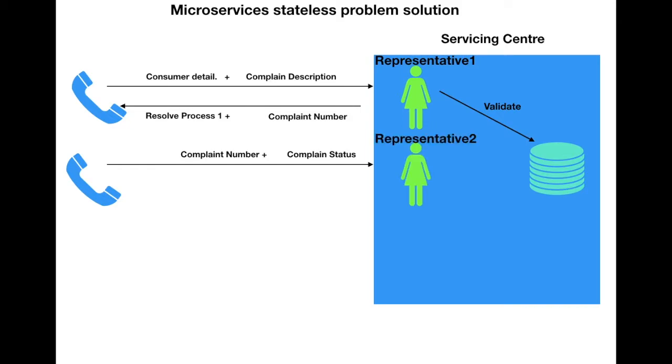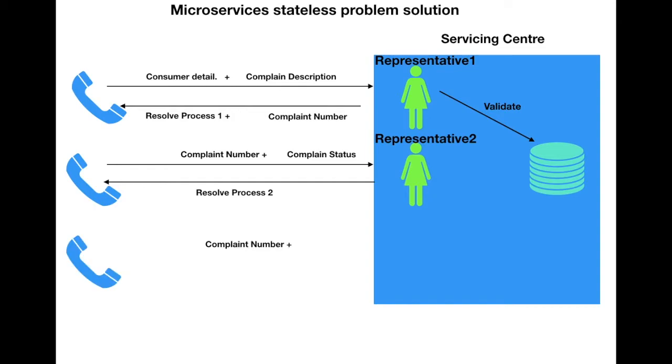Now the representative doesn't need to validate the consumer, because the complaint number is there, that's why he is a genuine consumer, so he doesn't need to validate it from the database. So he directly provides the second process of resolving the complaint, resolving the problem in fact.